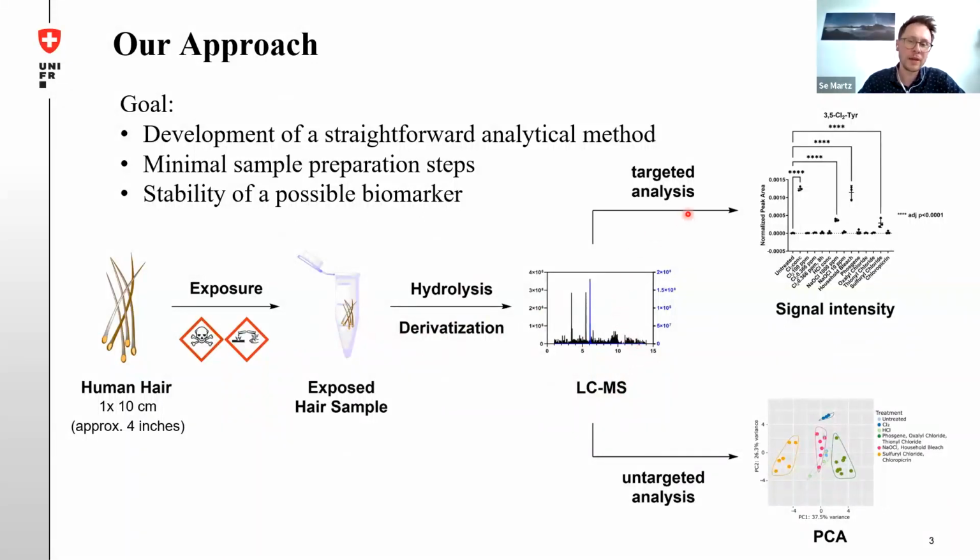And in the first stage, we went for a targeted analysis, meaning that we were looking for specific adducts, which we expected to be present in these samples. And later on, we also wanted to know if it's possible to perform an untargeted analysis, meaning to find differences between an exposed and an unexposed sample, which are probably not obvious.